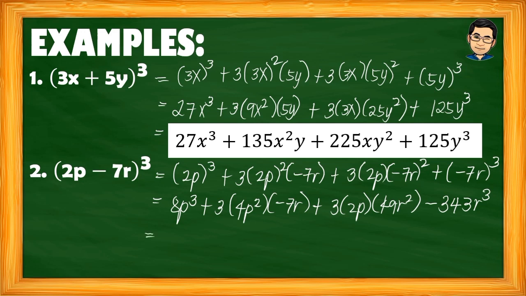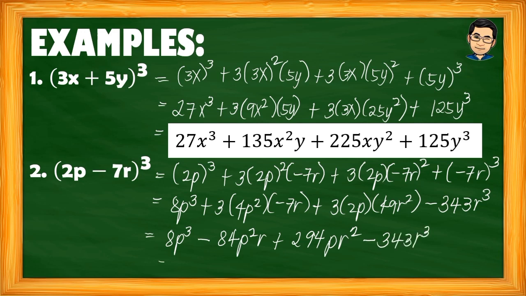So sulat lang natin ulit 8p cubed. And then the product of 3, 4p squared, and negative 7r is negative 84p squared r, plus the product of 3, 2p, 49r squared is 294pr squared, and then minus 343r cubed.